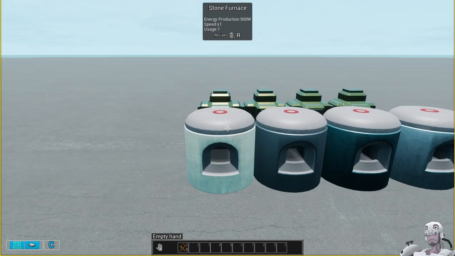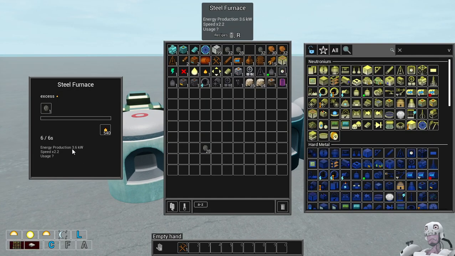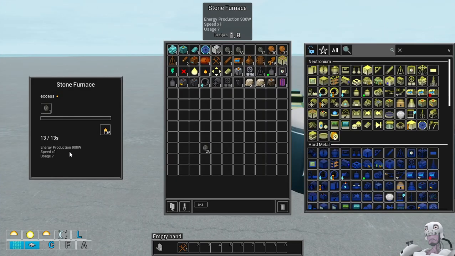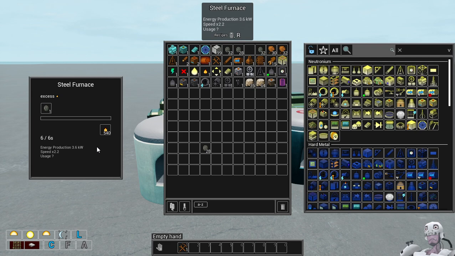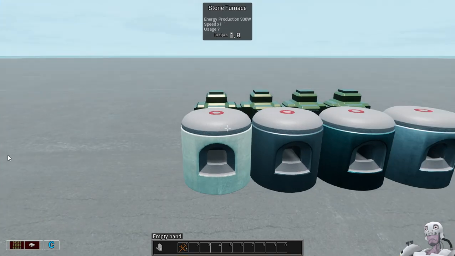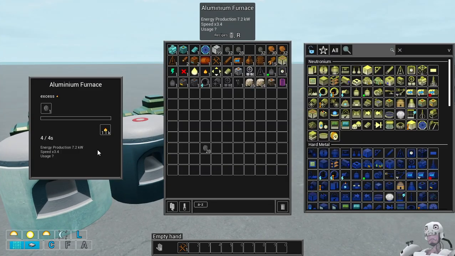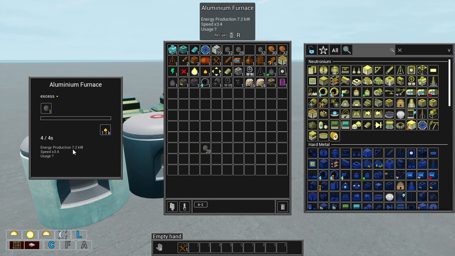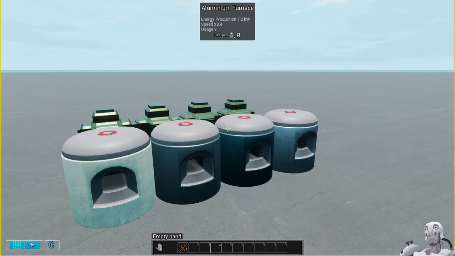But wait a minute. If this produces 4 times the amount of power in half of the time, I did not lose energy. The next one produces double the amount of power, 7.2, but it's also 4 seconds.